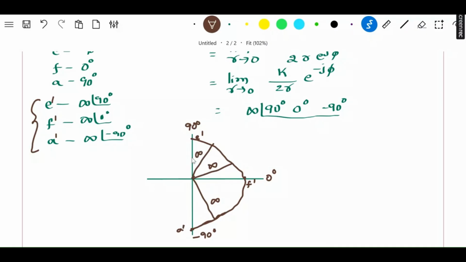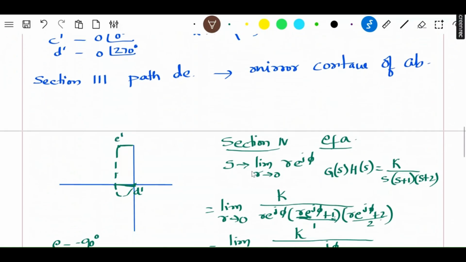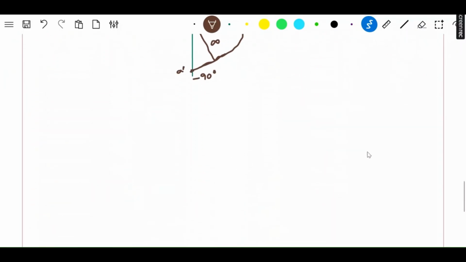Finally, if you club all these 3 traces, we will be able to get the final curve, which I am going to write now.